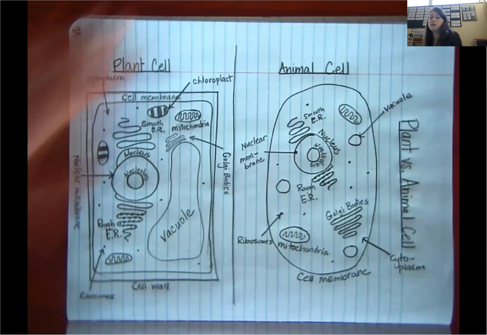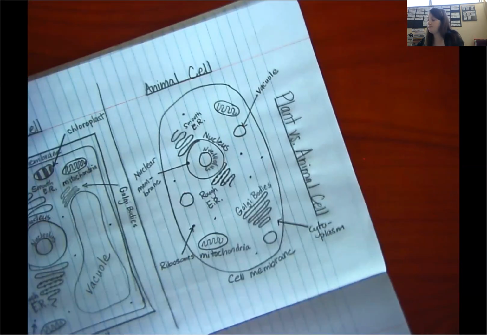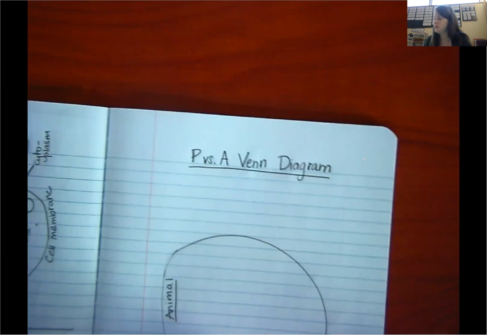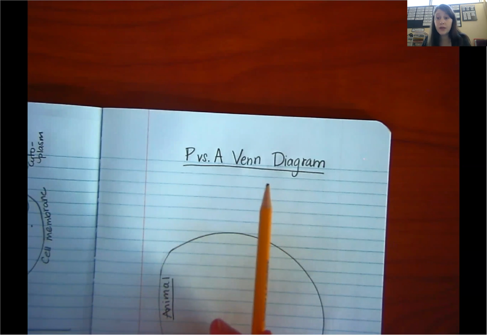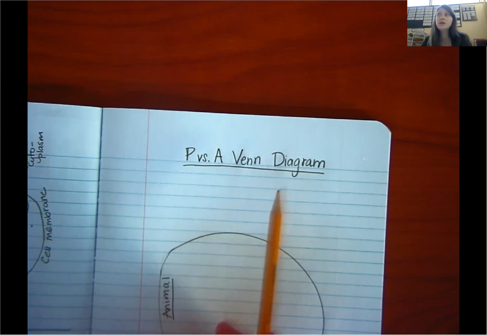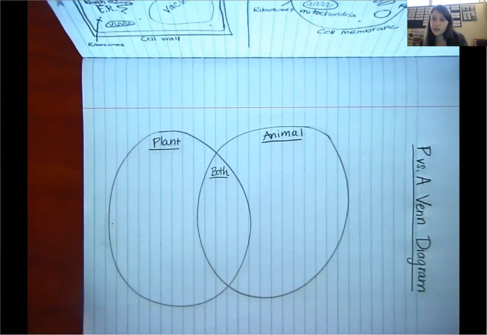And so that brings me to my next activity. Your output is a P versus A Venn diagram. A Venn diagram is just a comparison tool that I bet you've seen 1,000 times. So draw two circles overlapping. The bigger the overlap, the better. I kind of regret that mine is so tiny, but that's okay. If you need to get something circular to help you draw them out, that's fine.